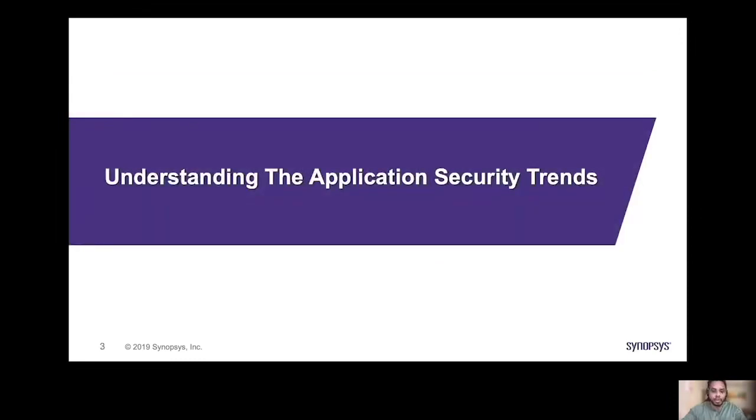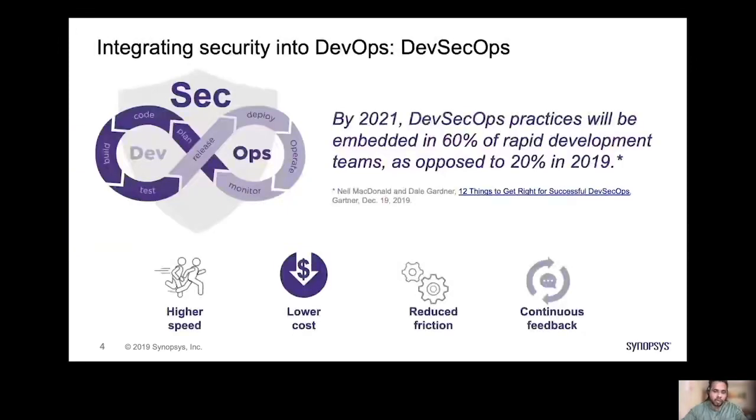So before we jump into the main topic, let's try and understand the need for application security testing and focus on what's the problem in application security and why would organizations care about this. Most organizations are looking to adopt some level of DevSecOps practices into their development process for reasons of improved speed, cost, better development flow, and improved quality through continuous feedback.